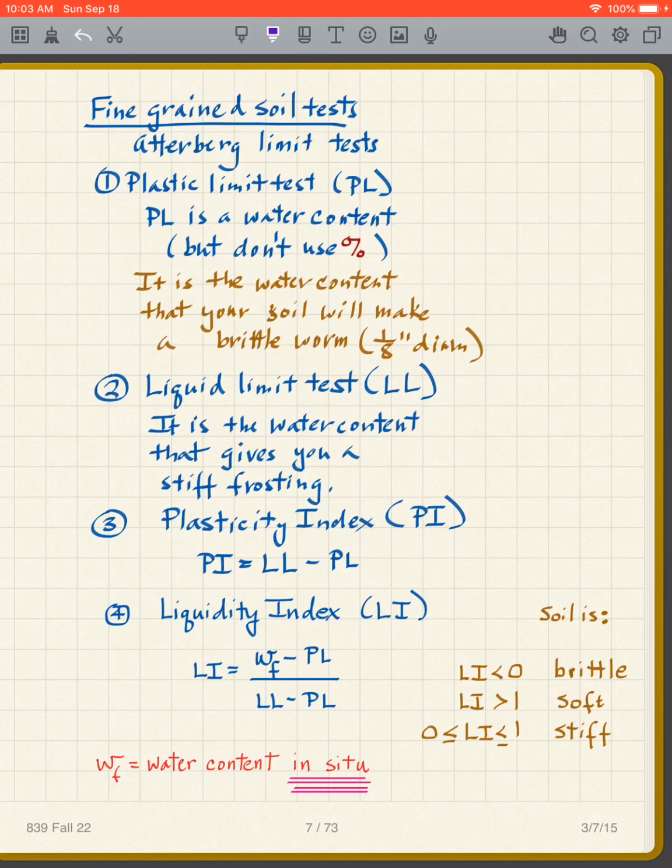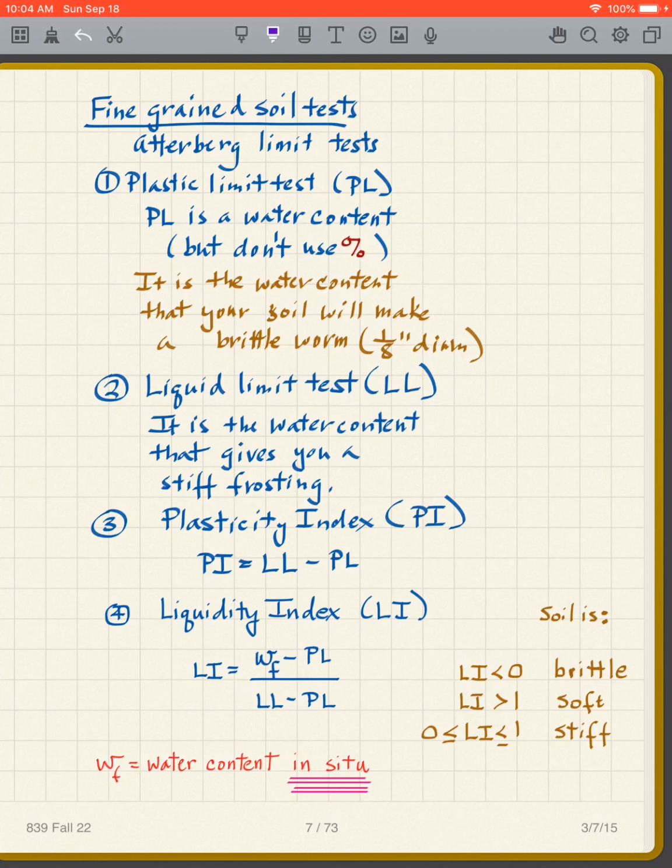Now, let's look at this ratio. Suppose the water content at our site is equal to the plastic limit. That means, in other words, the soil at our site is in a state where it cracks. It starts to crack when making a worm.